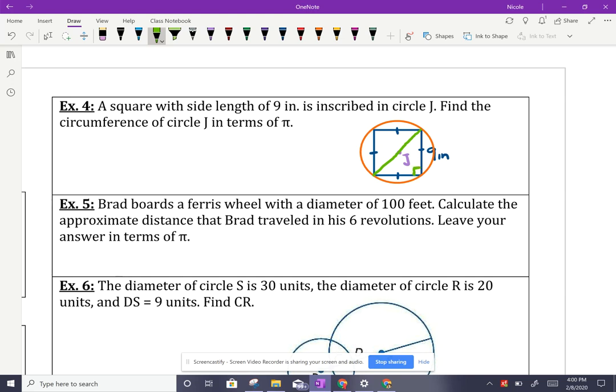They have right angles, and diagonals do what? They bisect the angles, creating a 45, 45, 90 triangle. So if my sides are 9, so I have S, S, S root 2. So remember your right triangle. If this is 9 and this is 9, then this has to be 9 root 2. So my diameter is 9 root 2.